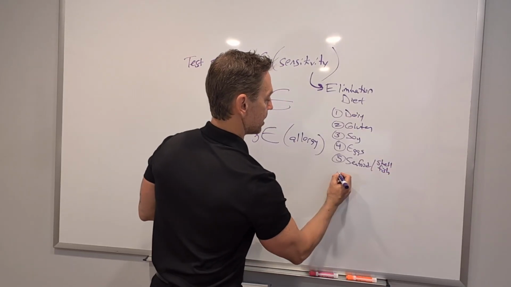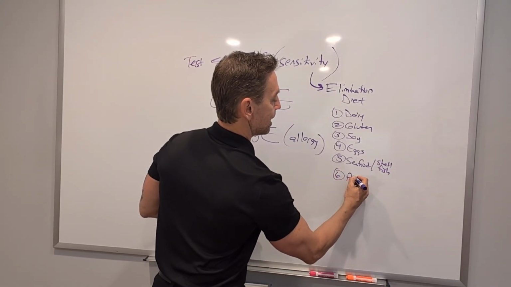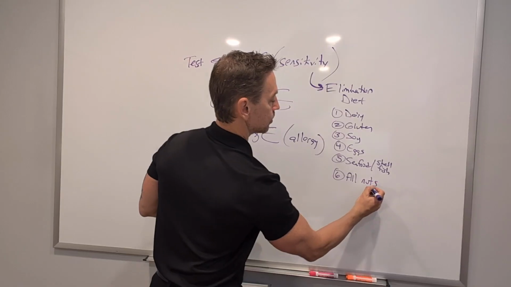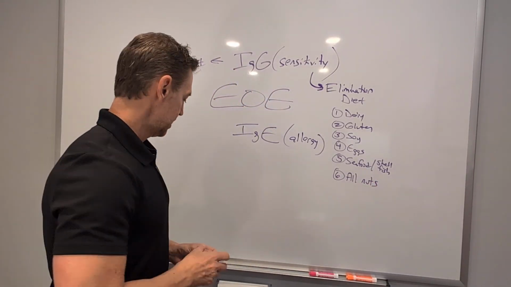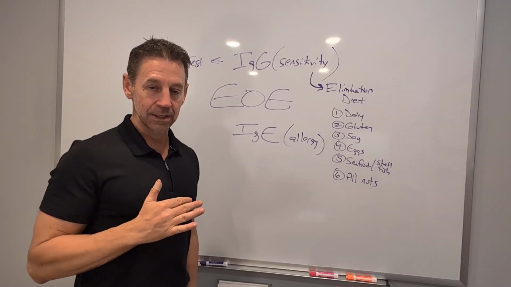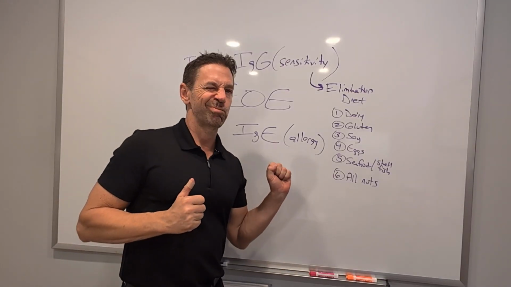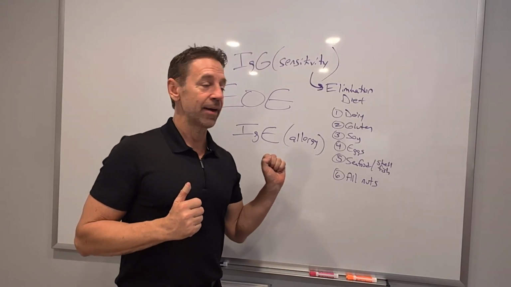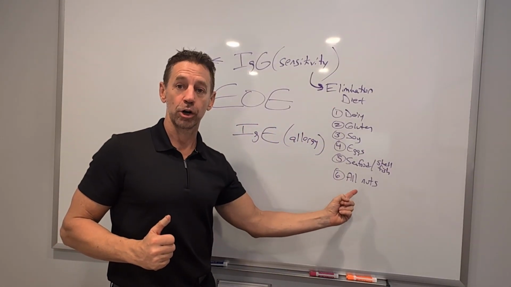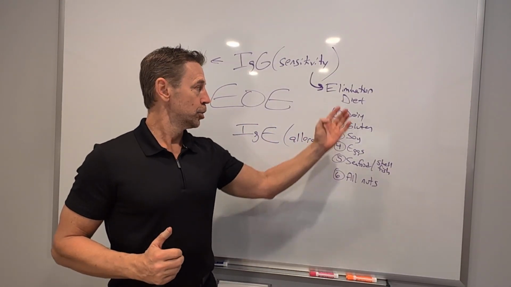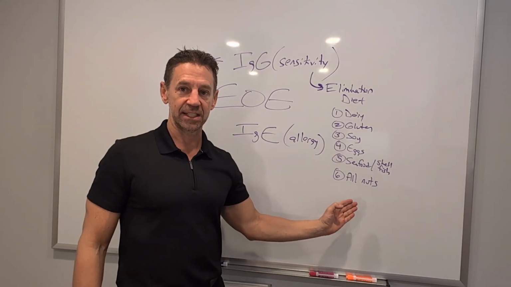And finally, number 6, all nuts. Those 6 foods are the most common. By no means the exhaustive list, but 8 out of 10 patients, if they have EOE, have one of these foods that are a culprit, and they don't know it. So we just eliminate all 6 for 60 days.